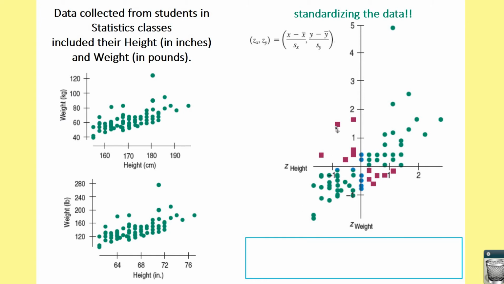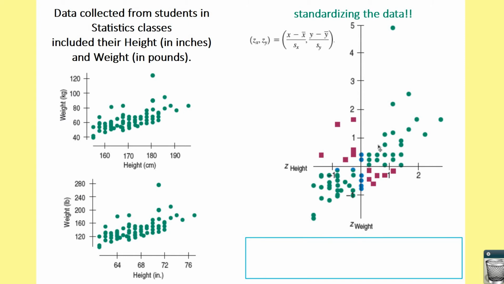The kind of purplish, whatever color that is, is going to be your negative relationship. And the blue dots, which I'm not really sure why those ended up a little bit blue, these blue dots that are on your axes, those would be like a zero relationship, so there's none. That's what those different z-scores represent. So again, those represent the direction and strength of the points.